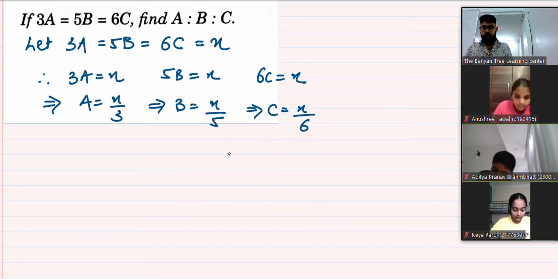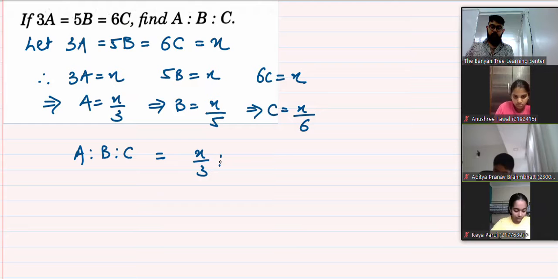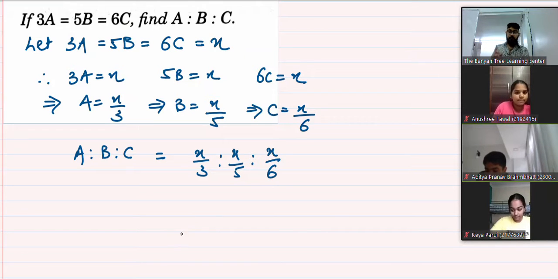Okay, we got the values of a, b, c. Now I have to find a is to b is to c. Very easy. a is to b is to c is equal to x by 3 is to x by 5 is to x by 6. This is so easy. Now what will we do?